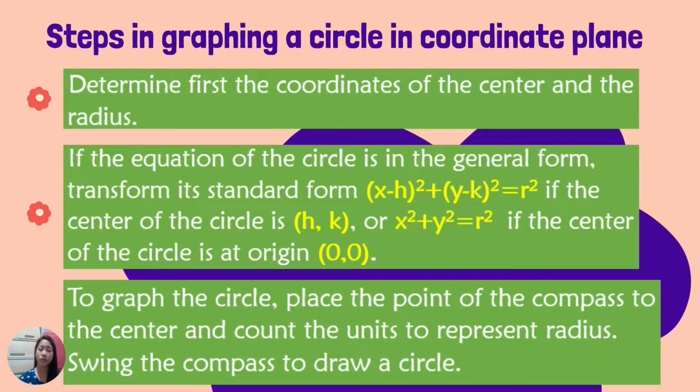Second, if the equation of the circle is in general form, transform it into standard form (x - h)^2 + (y - k)^2 = r^2 if the center of the circle is (h, k), or x^2 + y^2 = r^2 if the center of the circle is at the origin (0, 0). To graph the circle, place the point of the compass at the center and count the units to represent the radius. Swing the compass to draw the circle.